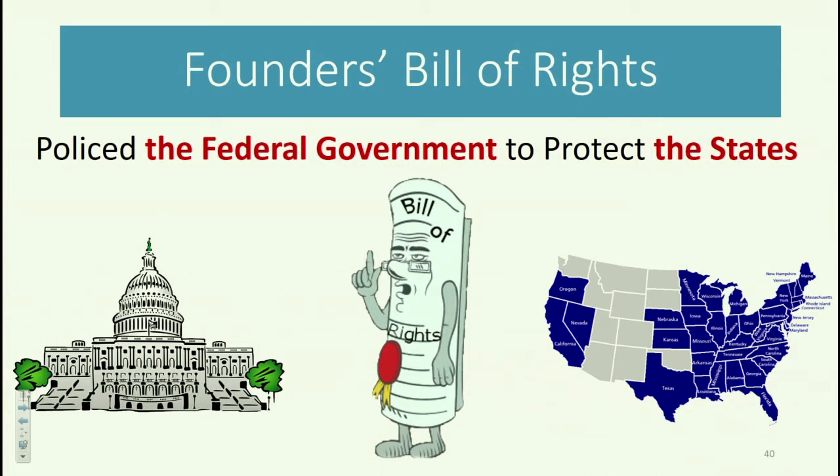But if you read the original Bill of Rights and forget about the lens of the post-Civil War amendments, because we look at them through that lens, but if you go back and read the original Bill of Rights, they're really an affirmation of federalism. They're really an affirmation of state rights. You can see that in the Second Amendment, which says, hey, federal government, you can't stop states or local communities from creating militias.